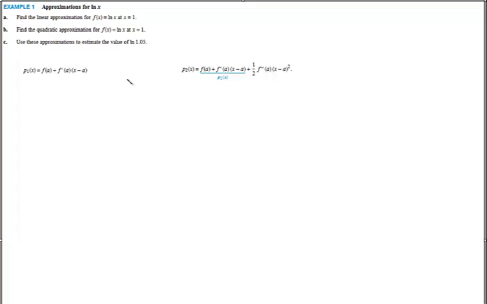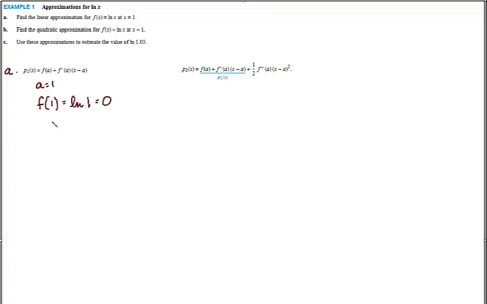In our first example, we are to find an approximation for the natural log of x. So we want a linear approximation, so I've written down what the linear approximation equals. We're going to need this linear approximation at x equals 1. So since my a is equal to 1, I'm going to need f of 1, and that's going to give me the natural log of 1, which is then going to be 0.